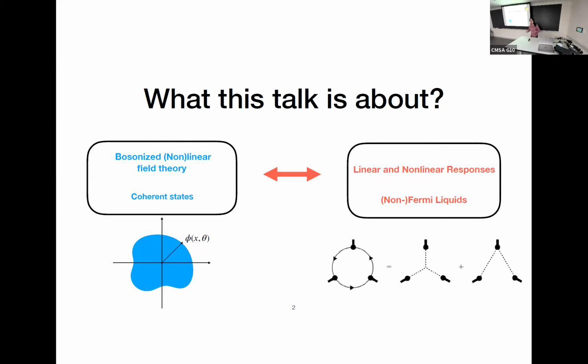But in our approach, we only need the tree level diagram to compute those nonlinear responses. So this gives you a dramatic reduction of the calculation length.